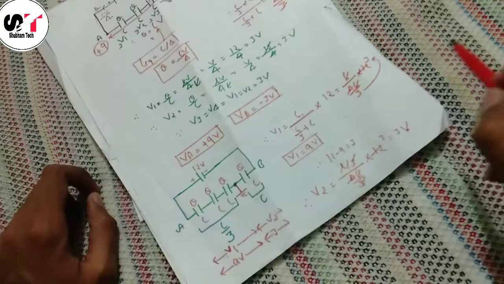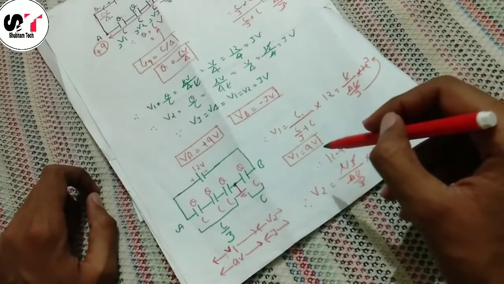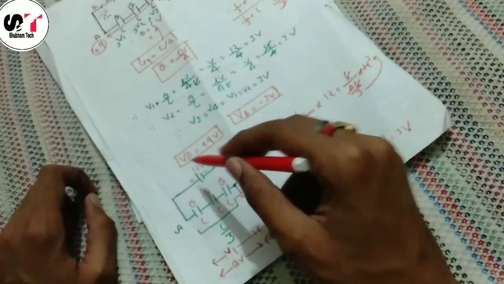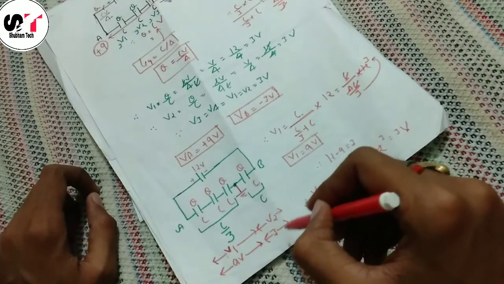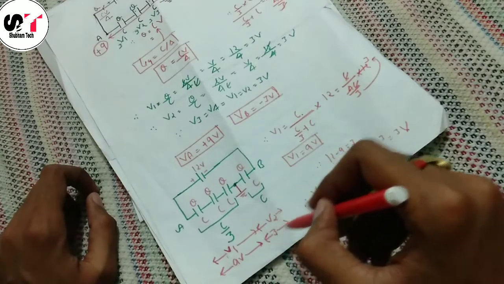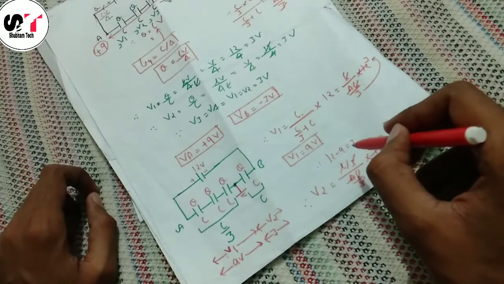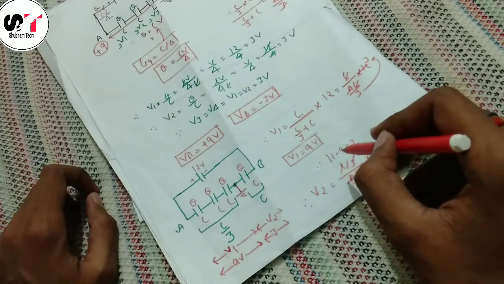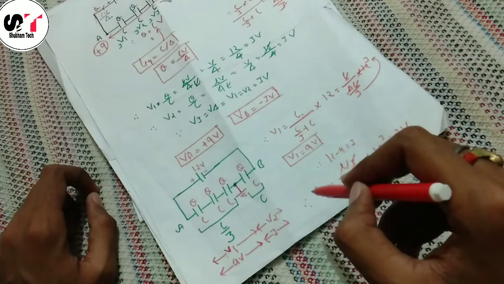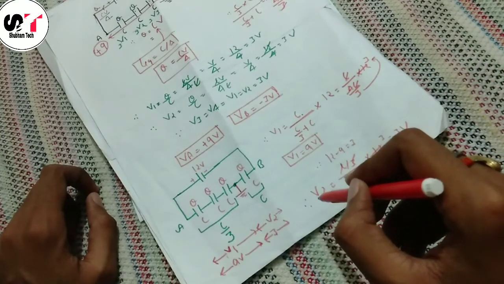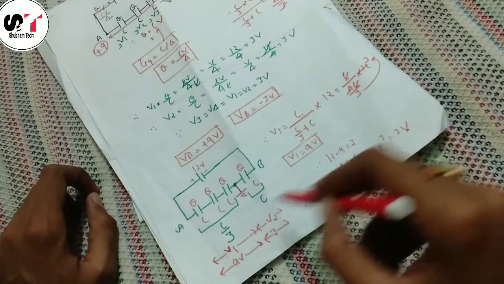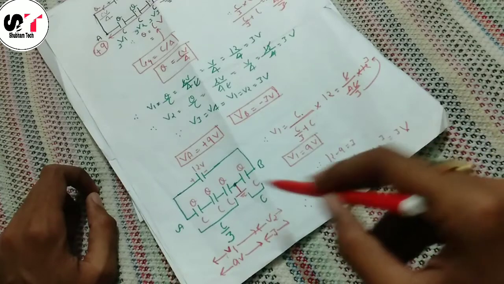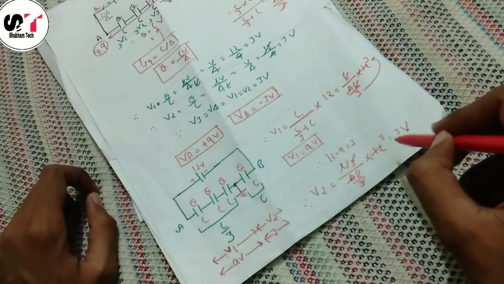Okay, means out of 12 volt, 9 volt is dropped here, remaining 3 volt is dropped here. This is the conceptual way to understand, but you can solve mathematically. So how much is V2? V2 is equal to C by 3 divided by C by 3 plus C into 12 volt. Easily find 3 volt. Okay.